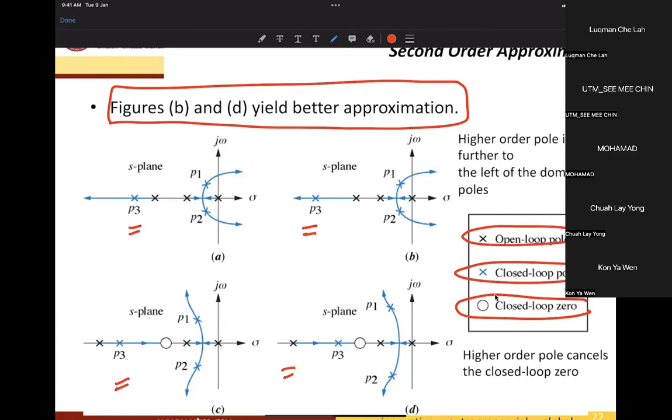When we add the zero over here, the root locus does not cross the imaginary axis. It goes towards infinity and infinity. Similar to this one as well, when the location of the third pole is near to the zero. So more or less, there is no critical gain because it doesn't cross the imaginary axis. So higher order poles cancel the closed loop zeros.